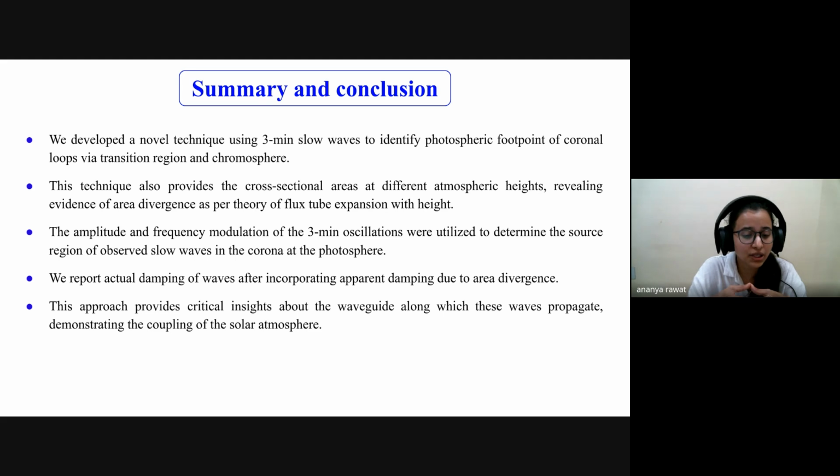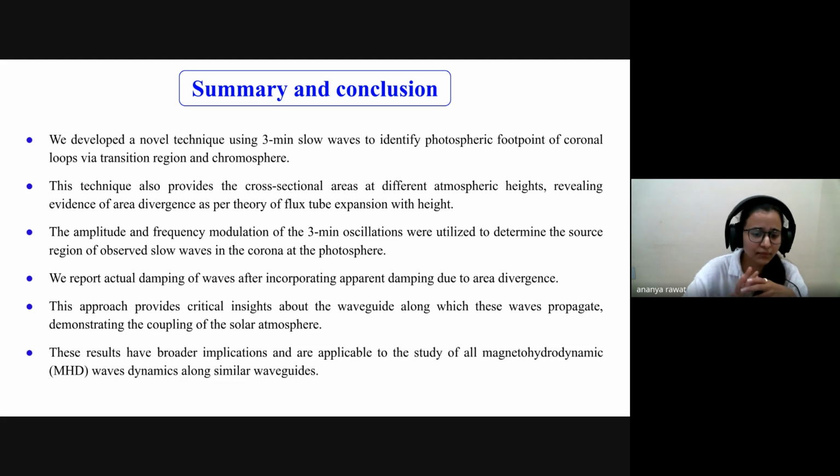Additionally, people have now started incorporating the lower solar atmosphere to understand this coronal heating problem. That is why the coupling of the solar atmosphere is very important. The broader implication of this work is that all the MHD waves which are generated at the photosphere propagate along the same waveguide.